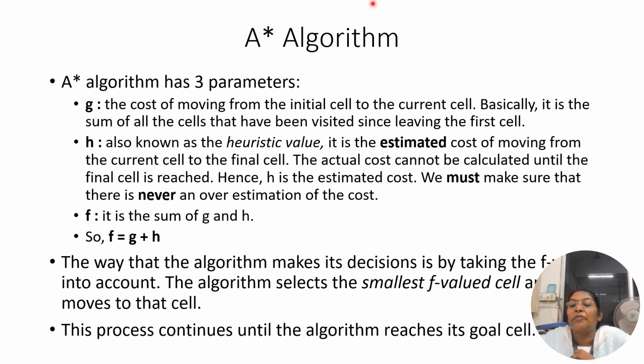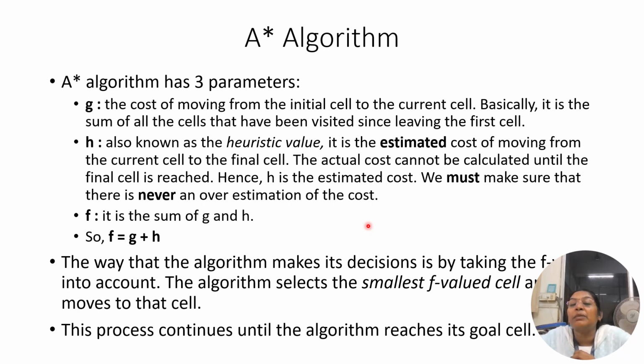What does g of n tell about? The g of n is the actual cost from the start node to the current node traversed. And what is h of n? H of n is an estimated cost or knowledge based cost, or I can say a heuristic cost, from the current node to reach the goal node.